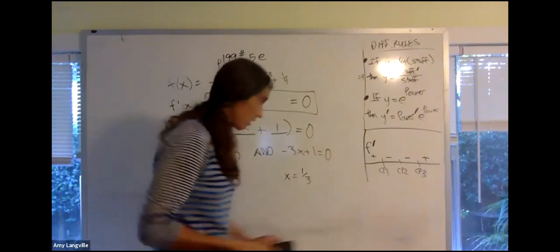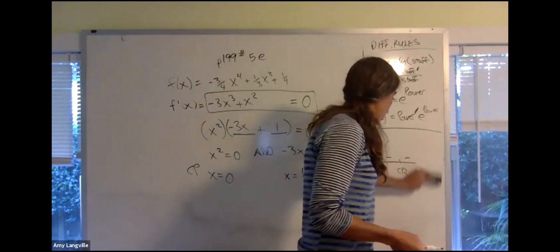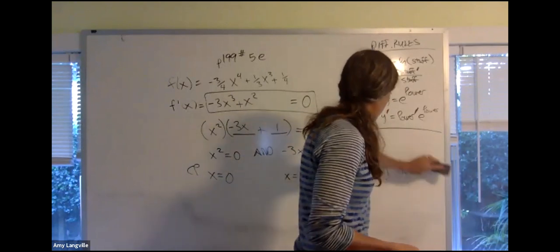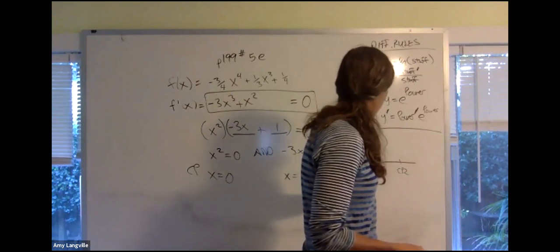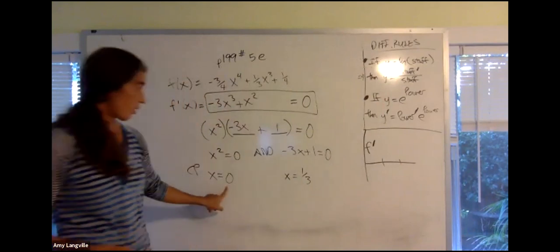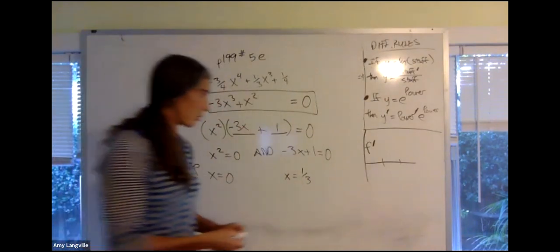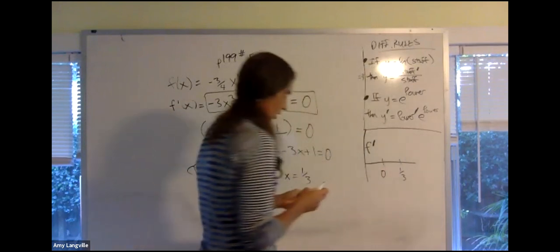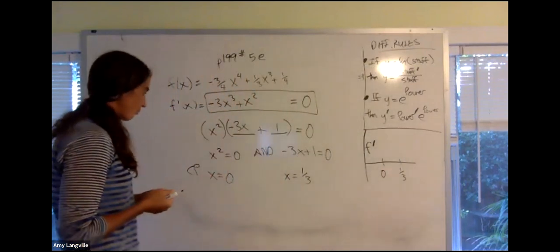We didn't actually need this many, so it makes our f prime line a little bit easier. And we put them in order because those are numbers on a number line. And so 0 comes before 1/3. So we make sure we write them in that order. That's a key piece. Otherwise the results will be mixed up.